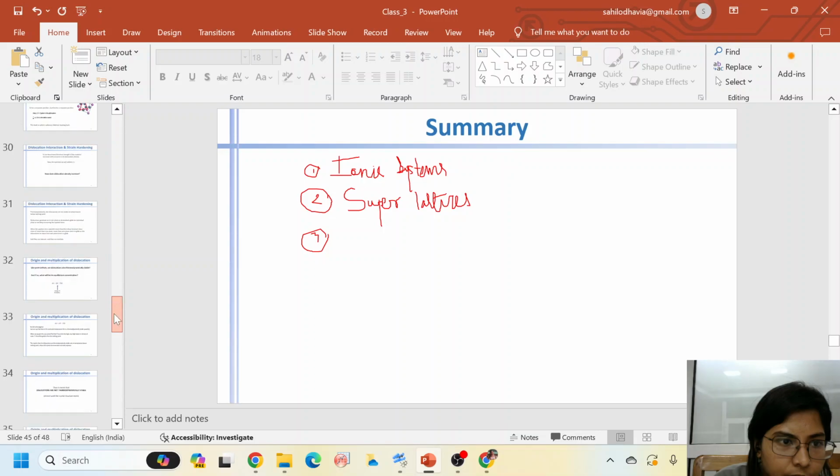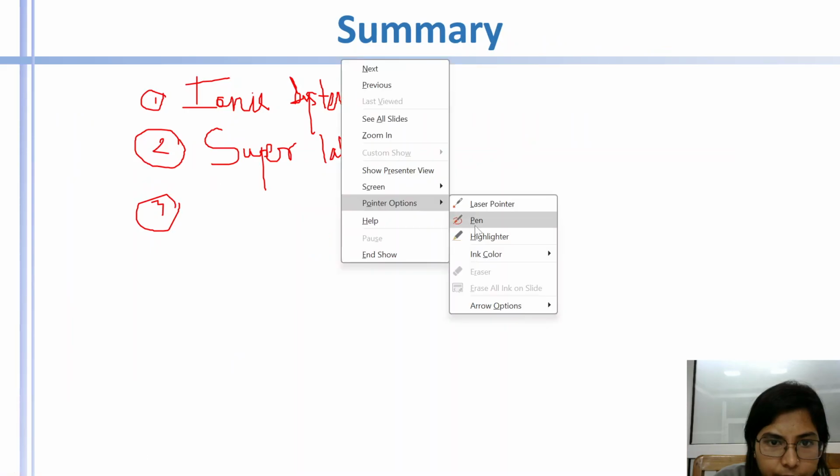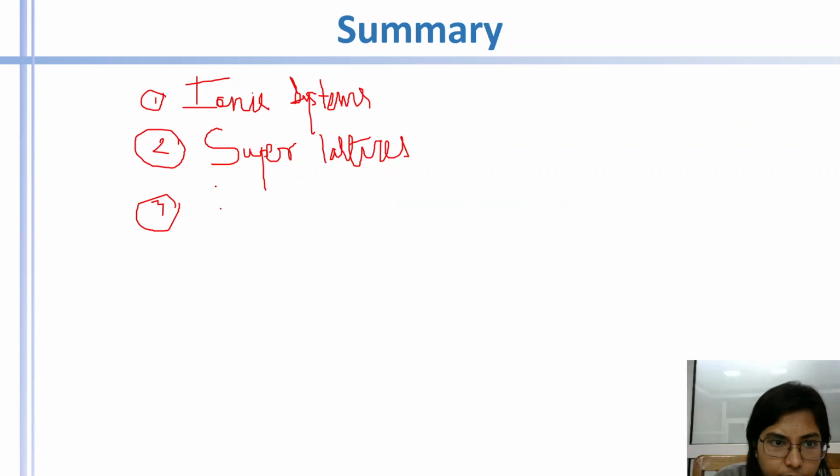After superlattices, we learned about the intermetallics.